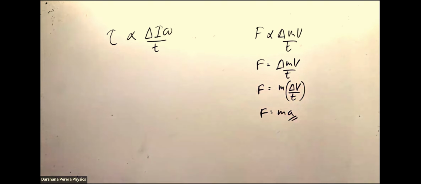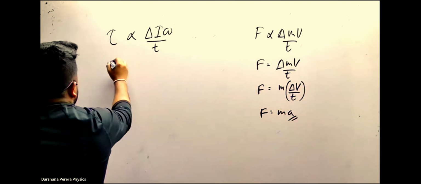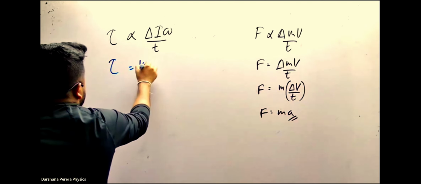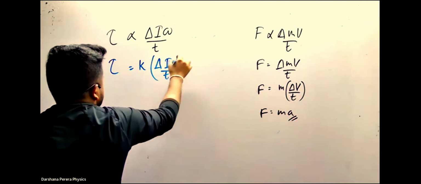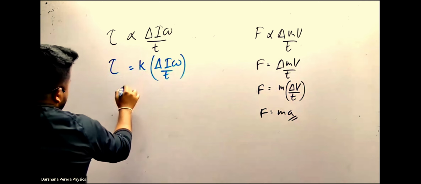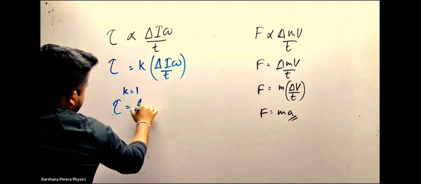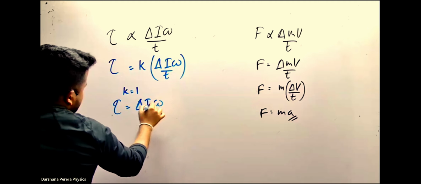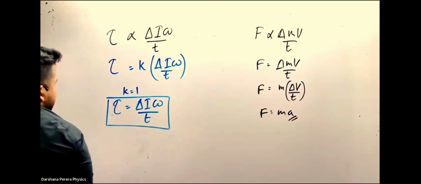Likewise, torque equals k delta I omega over t, with k as 1, so torque equals delta I omega over t. This is the first equation.